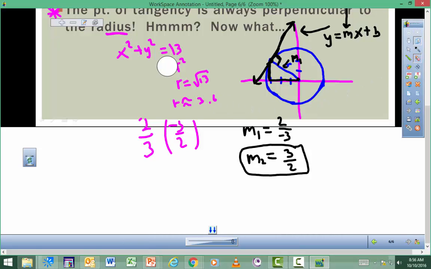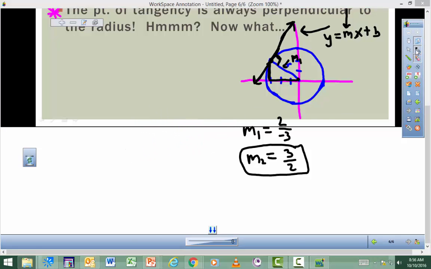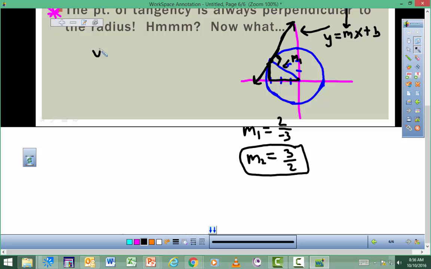Well, so we've taken care of the slope part. And so now I have part of my equation figured out. I have y is equal to 3/2 x plus b. I still need to figure out what b is.